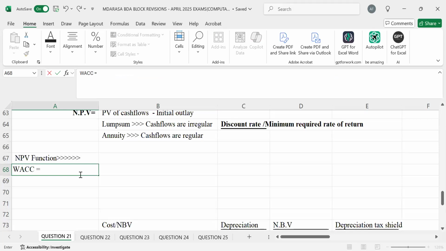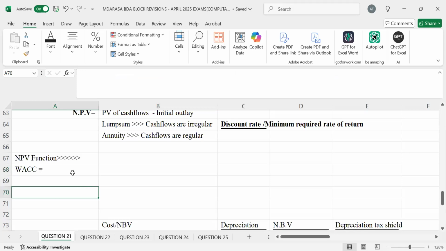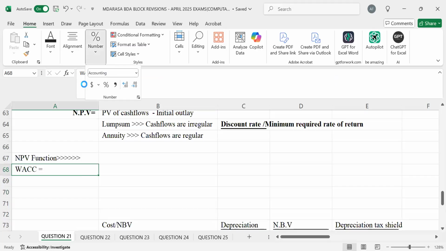Recall that the weighted average cost of capital is the combined cost of raising these funds. The whole idea of capital budgeting is that we want to finance these projects in the long run, and I'm not going to finance these projects for free. I have to incur a cost on finance, sourcing it from different areas.